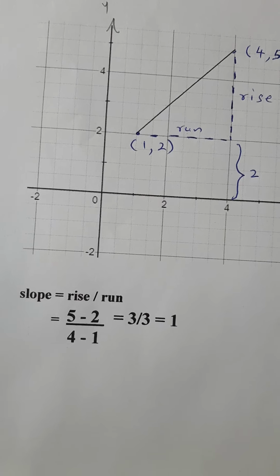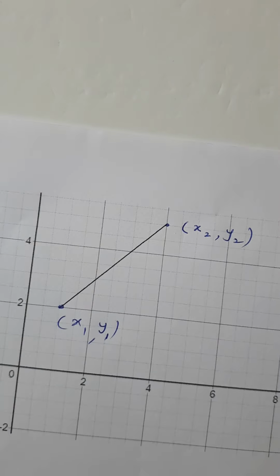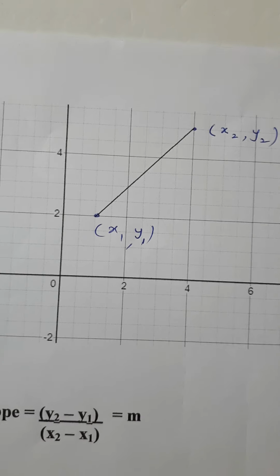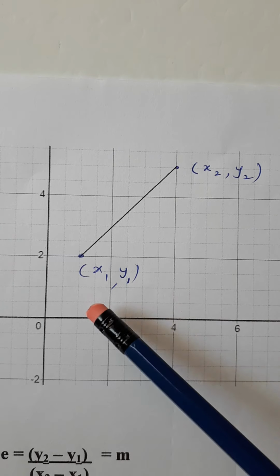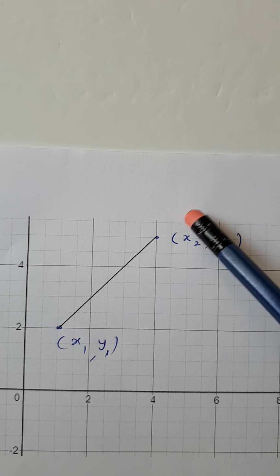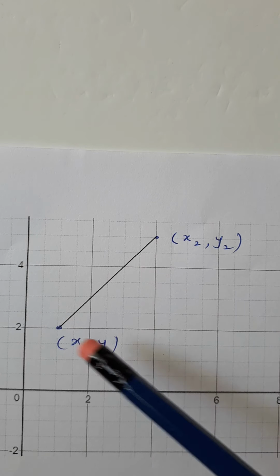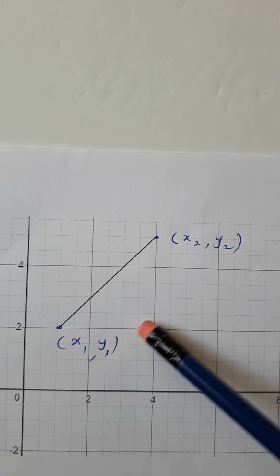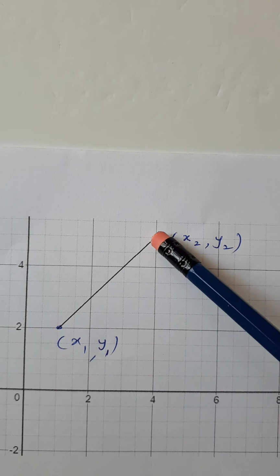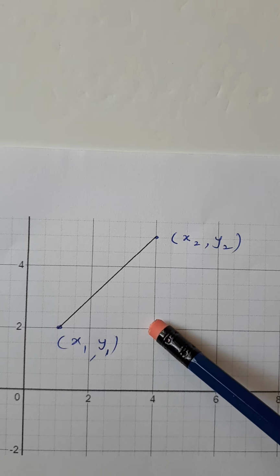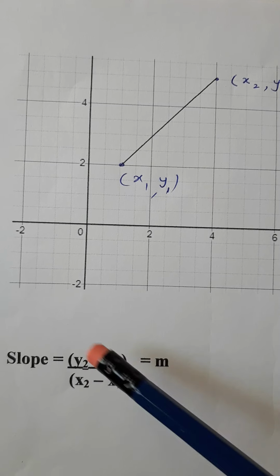In general, how do we show the slope? If the coordinates are x1, y1 and x2, y2, then we know that this height is y2, this height is y1, this is also y1. Therefore, your rise is y2 minus y1.